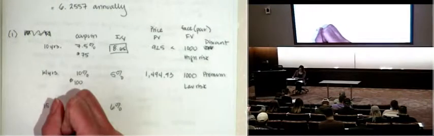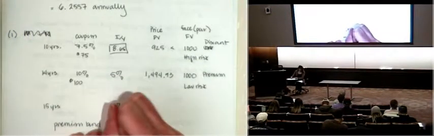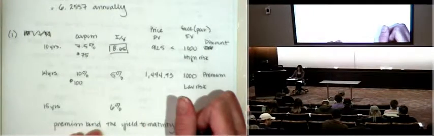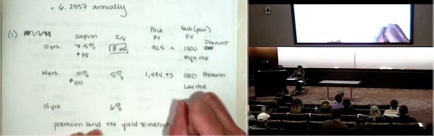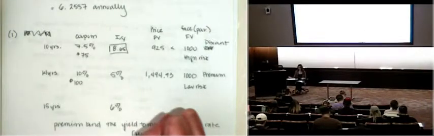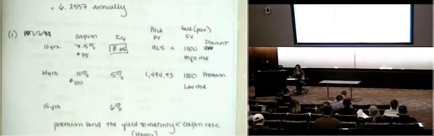So we have this relationship that for a premium bond, the yield to maturity is going to be less than the coupon rate. Okay, so in your notes, this is called market. This is the market yield. So this is the yield based on the market, what investors think. The yield to maturity is going to be less than the coupon rate for a premium bond.